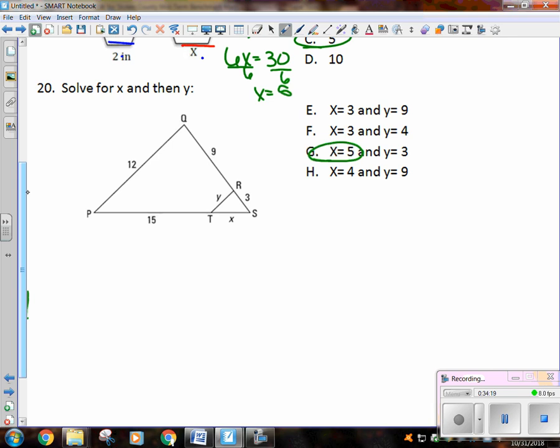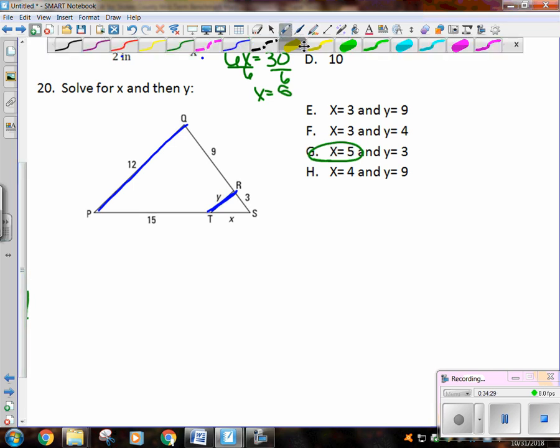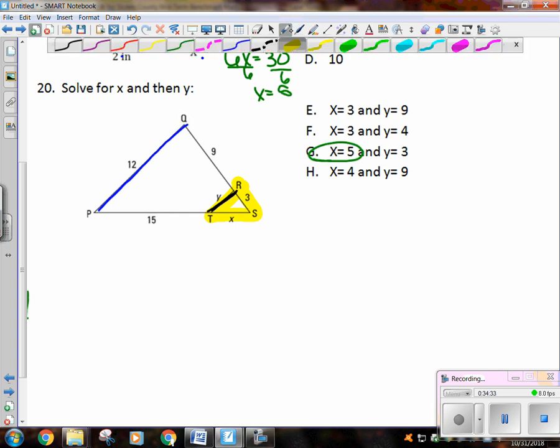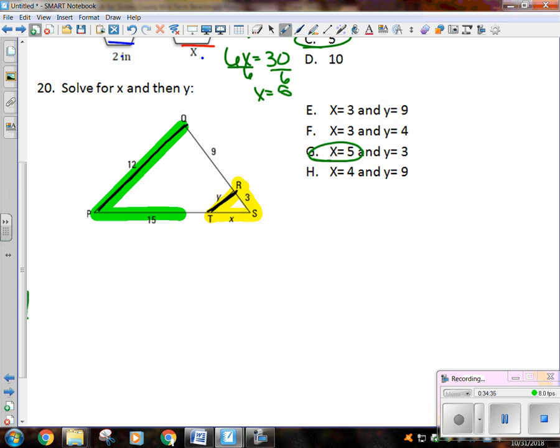Okay. I want to take a look at this one. When I solved for y, I did not split a side. Y matches up to 12. But notice that y is on a small triangle, and 12 is actually on a much larger triangle. So I actually have a small triangle within a big triangle.